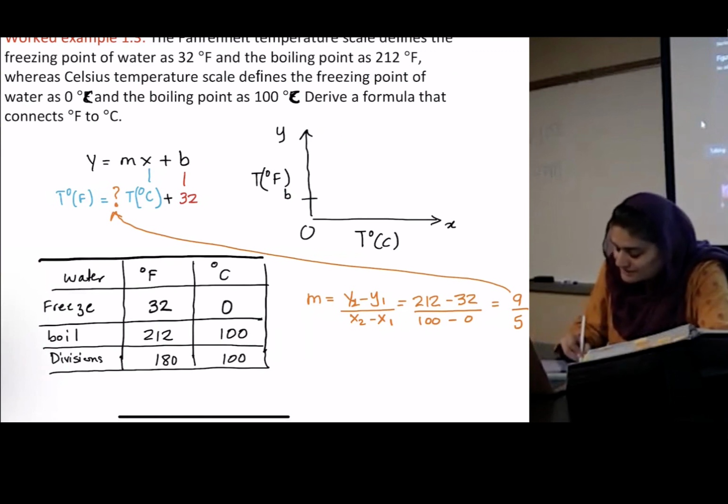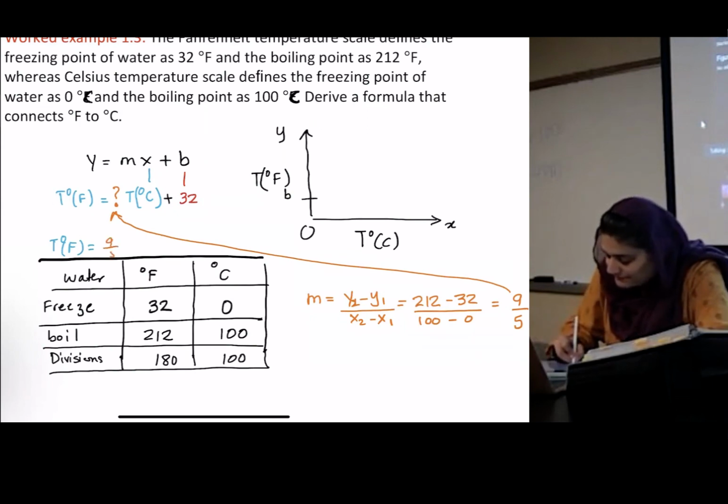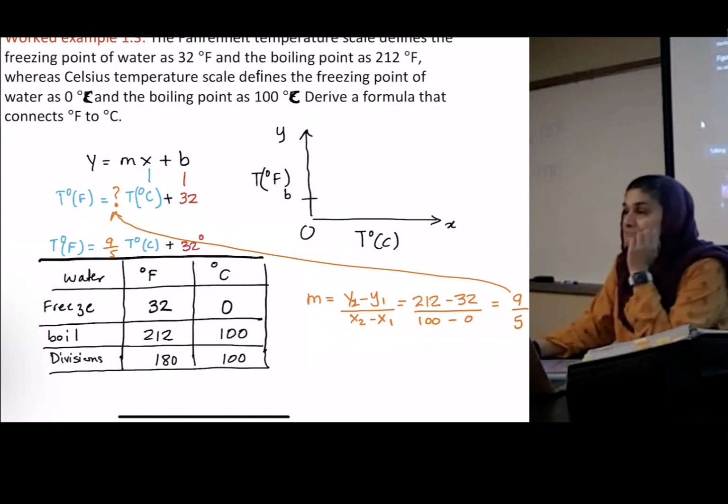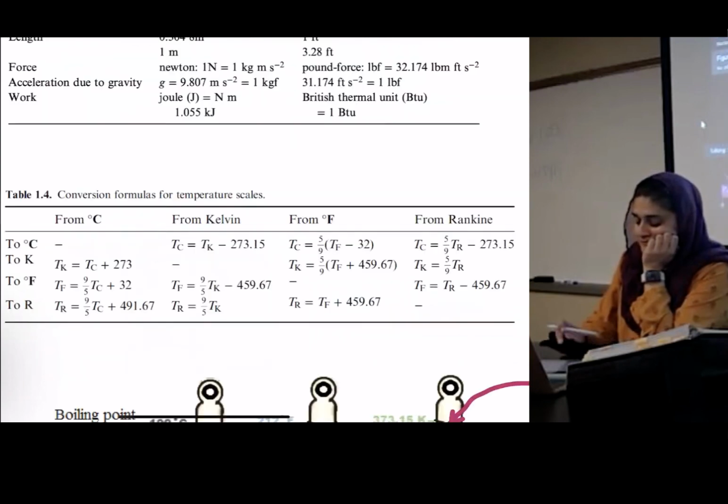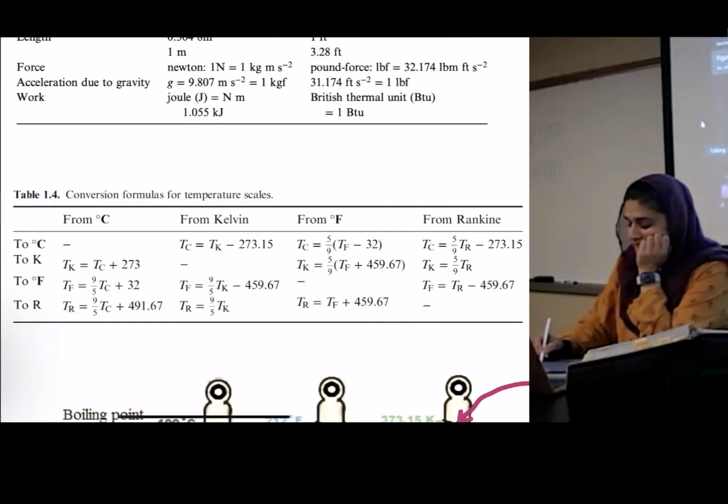Do I get T Fahrenheit equals 9/5 T Celsius plus 32? Drum roll. Recognize this equation in this one.